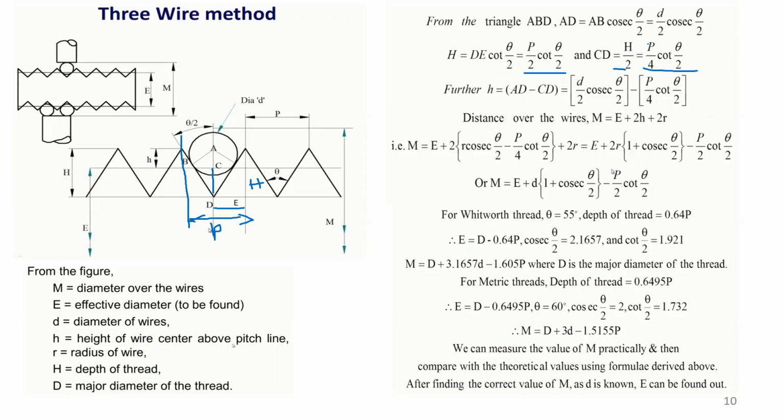Therefore, you can calculate the small h. Small h is equal to AD minus CD. AD value is D by 2 cosecant theta by 2, and CD value is H by 2, that is P by 4 cot theta by 2. Therefore, D by 2 cosecant theta by 2 minus P by 4 cot theta by 2 will give the value of small h.